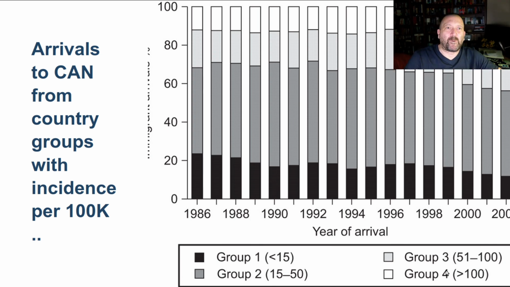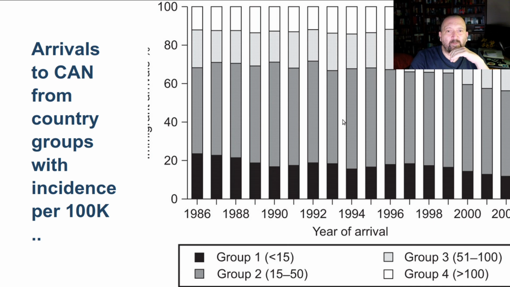It's propagating quite a lot, and therefore there's a lot of incident cases. And you can see that it's not enormous, but in recent years, close to 50% of the new arrivals to Canada were from countries that were in groups that were 50 new cases per 100,000 per year or more.